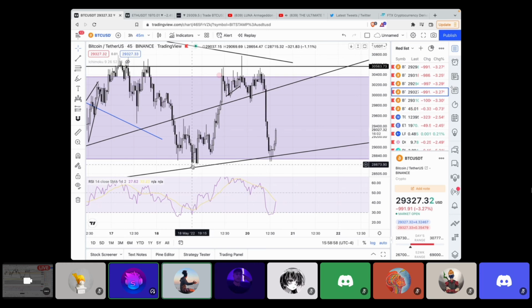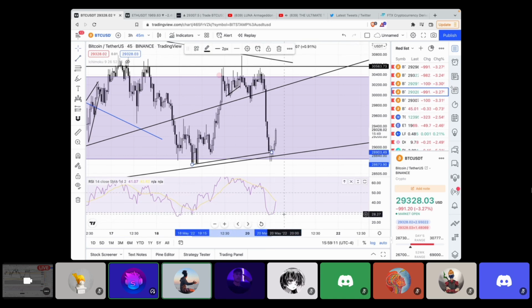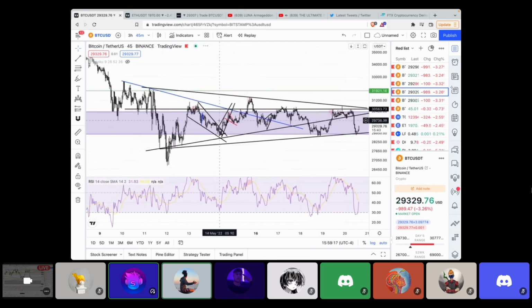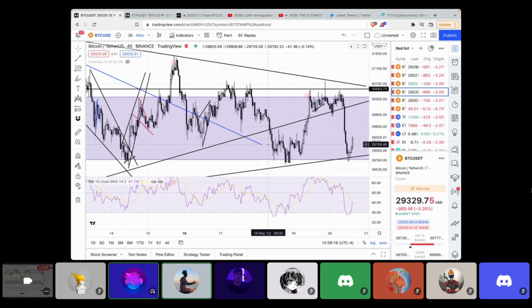That's what I'm inferring from this. Notice here on the 45, same thing, this low was going up, but on the RSI, this low is going down. That's the divergence.